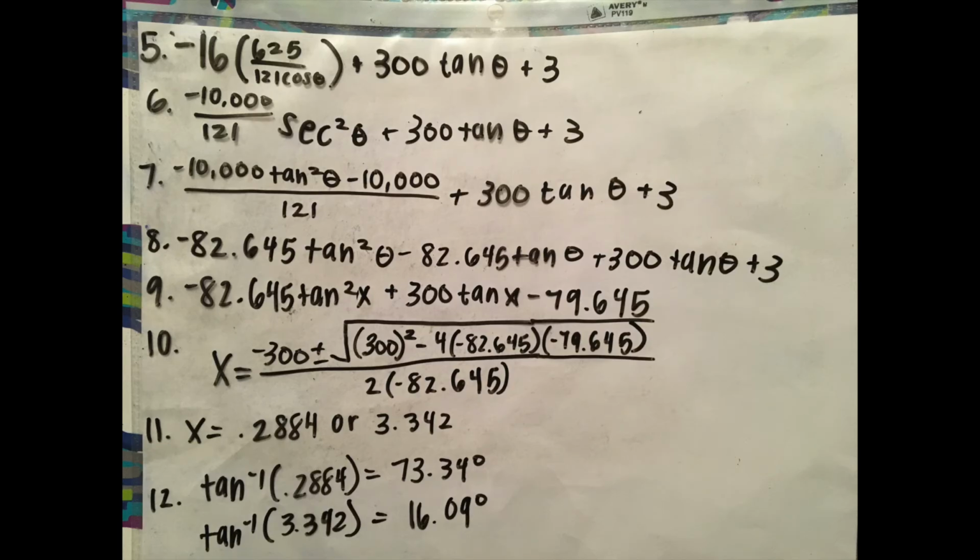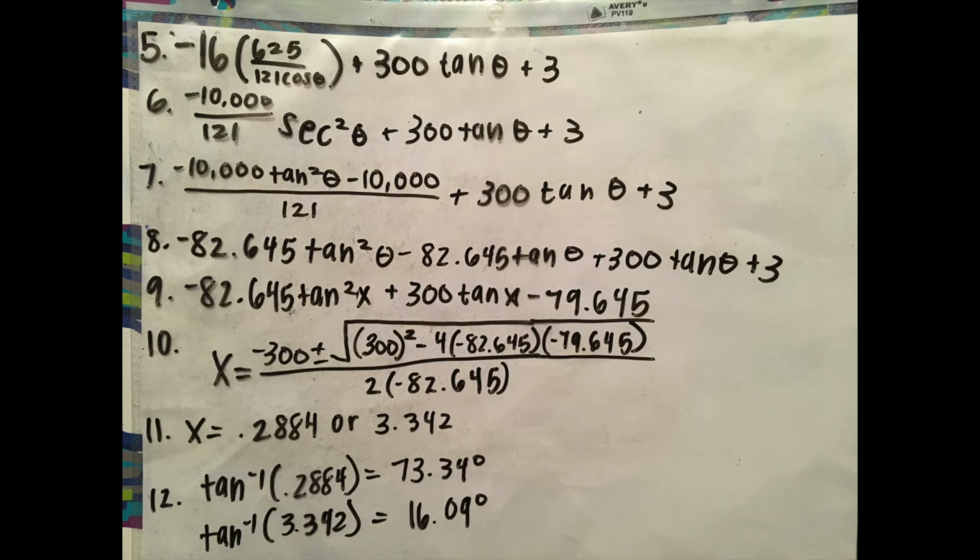After that, I simplified where that square was, so I got negative 16 times 625 divided by 121 cosine squared theta. Next, I simplified even more of that equation.